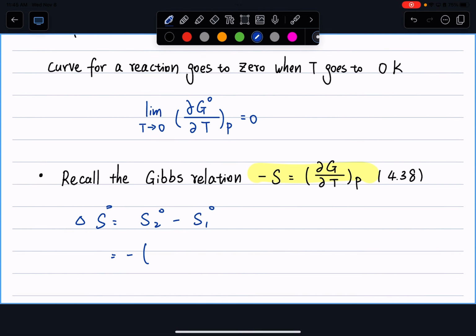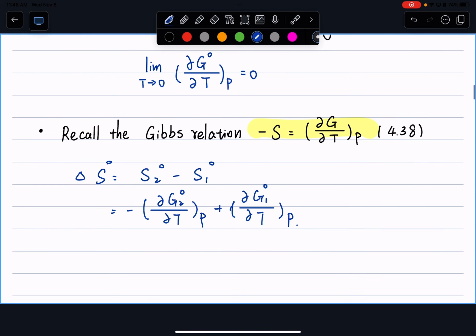That is the partial derivative of G2 over T at constant P minus the partial derivative of G1 over T at constant P, or that is delta of the partial derivative of G over T at constant P. And this term goes to 0.